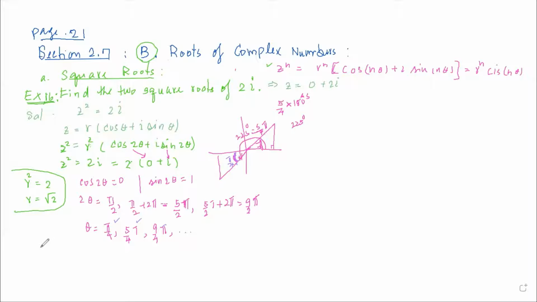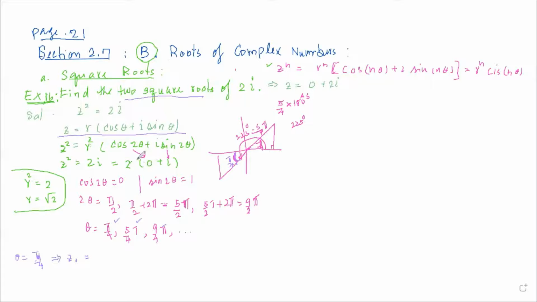So after this, we can find the roots, okay? Because we want to find the 2 square roots of this one. So just say theta equals pi over 4 here. From this one, we can find Z1, for example, the first root. Now after this, you just replace in the polar form formula.